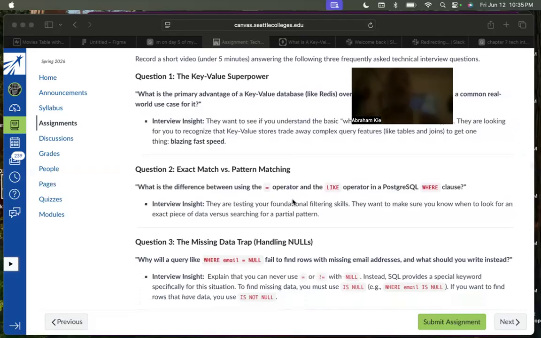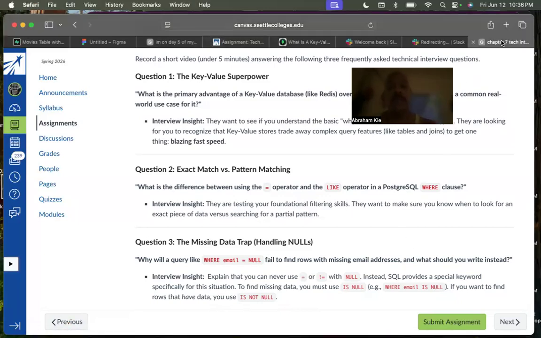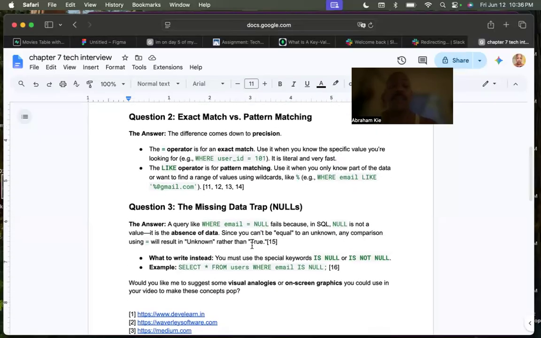Next question is, what is the difference between using the equals operator and the like operator in PostgreSQL's where clause? I believe that like is a little bit more bland because you're asking the operator to find something that might have similar letters in it, versus where, which, if I'm correct, I'm going to have to cheat a little bit, and I may be marked off for this.